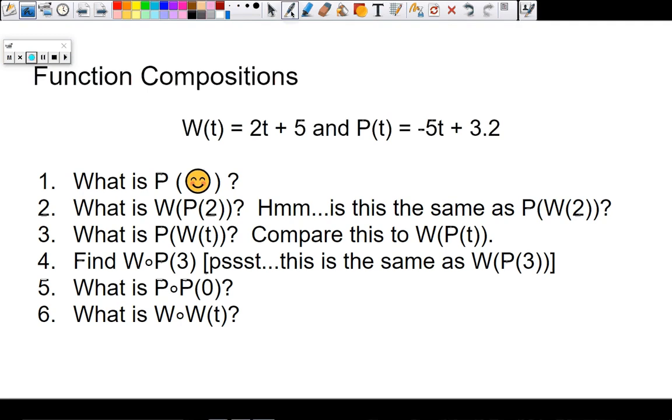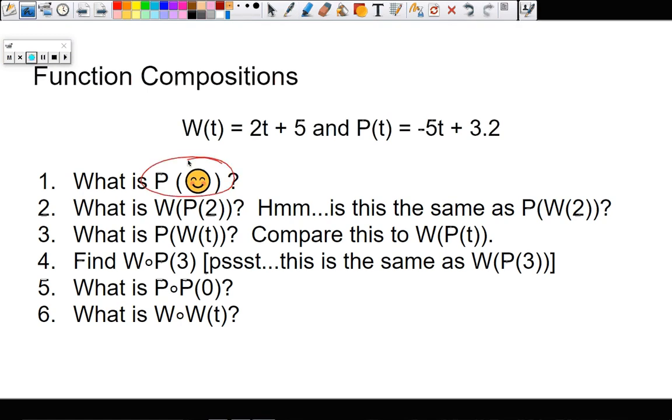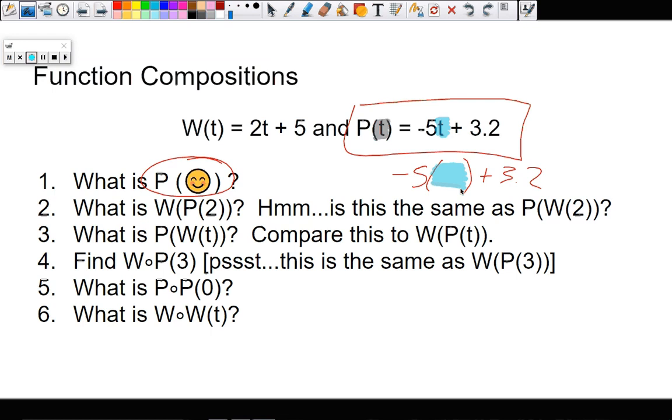Now, P of smiley face is just an emphasis of saying, in this equation of P, watch as I highlight, wherever I see a T, that's where my coin slot is going to go over here. Okay? So if you build it, it would look something like this. And what is it that I'm actually going to throw in here?